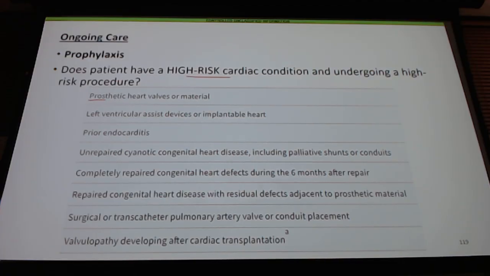So do they have mechanical or foreign bodies inside the heart? Have they had this before? If you've had endocarditis once, you're at high risk of having it again. Do they have some kind of anatomical variation, like congenital heart disease, that can put them at a high risk of developing infective endocarditis?